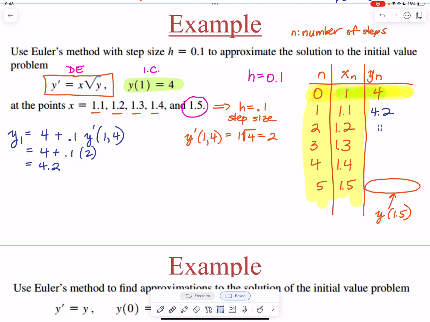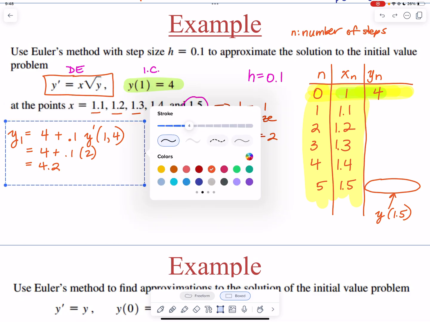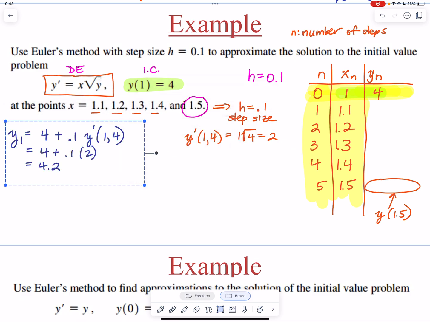Okay, now let's do the same thing. What are we looking for here? This is going to be y sub 2, right? Okay, and so now we're going to have y sub 2.